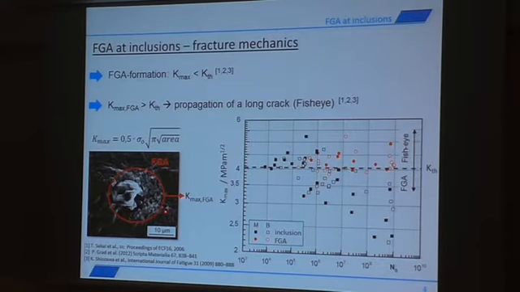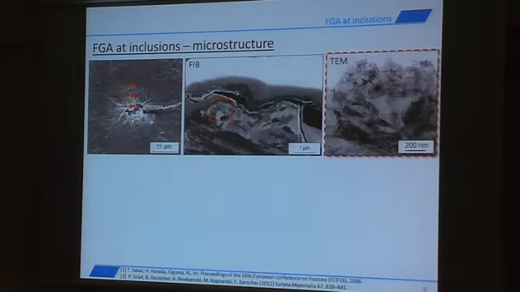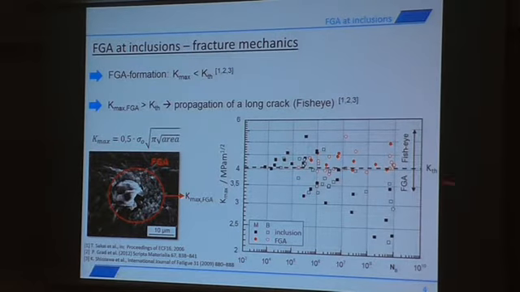If we now calculate the stress intensity factor at the border of the FGA, we see, at the red signs, these are the red signs for all the FGAs we observed, that this value just surpasses again our threshold value for long crack propagation, and so it can be seen as the initiation of a long crack by this FGA formation.